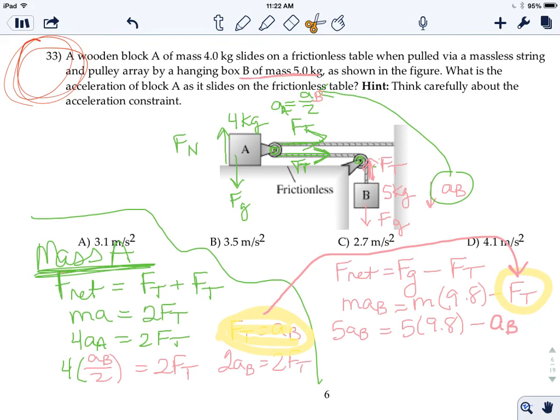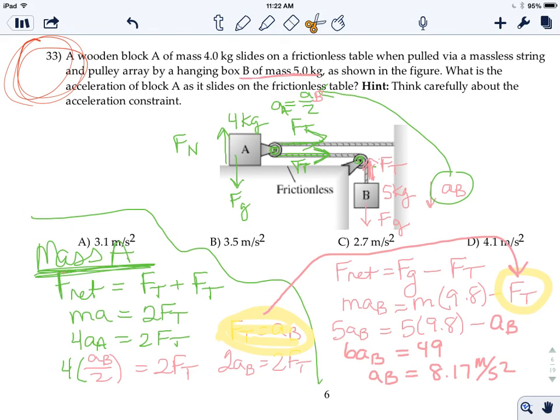So we get 6 times the acceleration of B is equal to 49. The acceleration of B is equal to 8.17 meters per second squared. Okay, that's the acceleration of B.